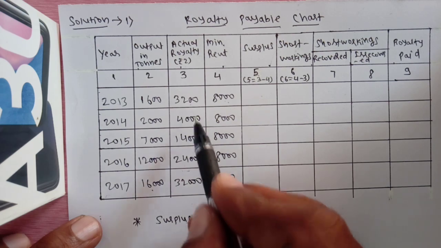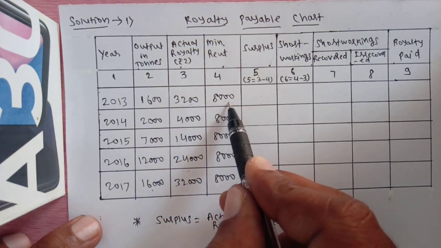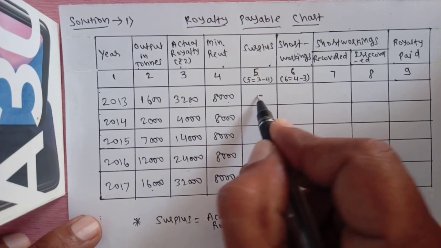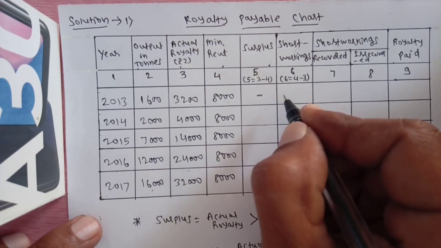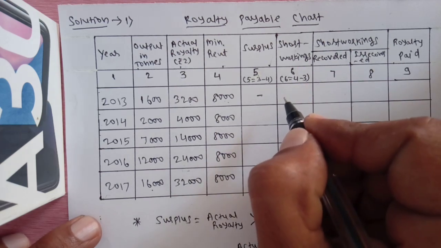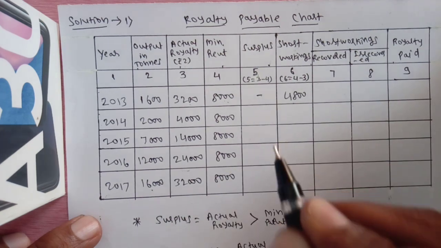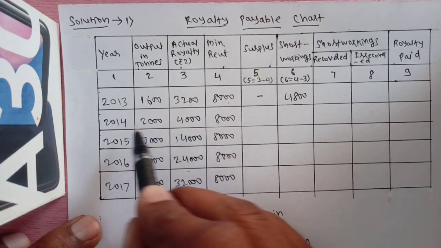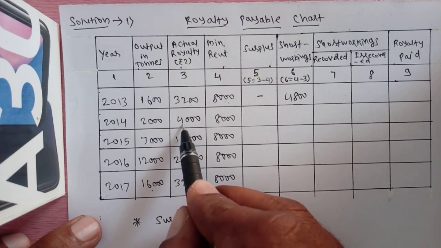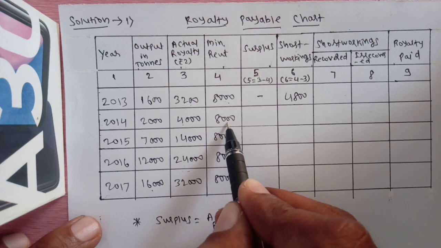So here column number 3 amount is less than column number 4, therefore there is no surplus, but there is an existence of short workings. How much short workings are there? 4,800. Next, in 2014, again actual royalty is 4,000, minimum rent is 8,000.